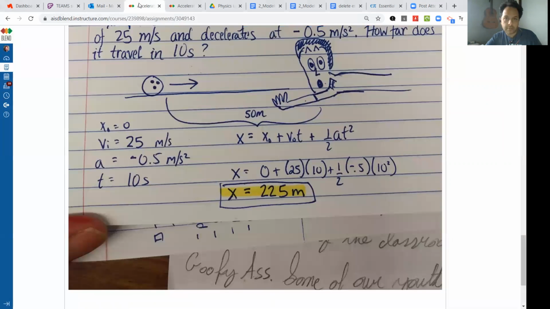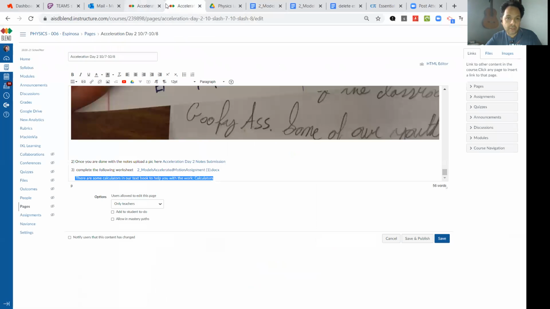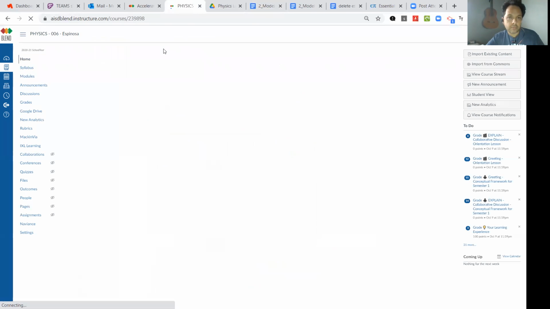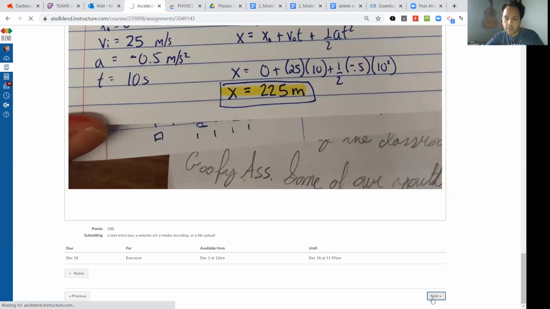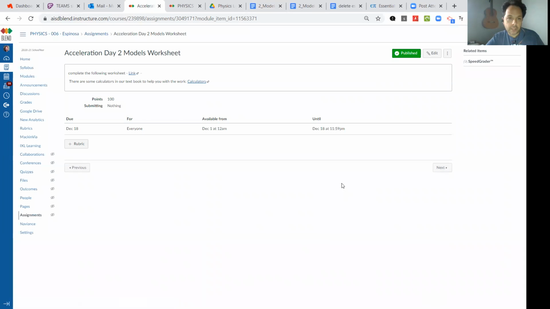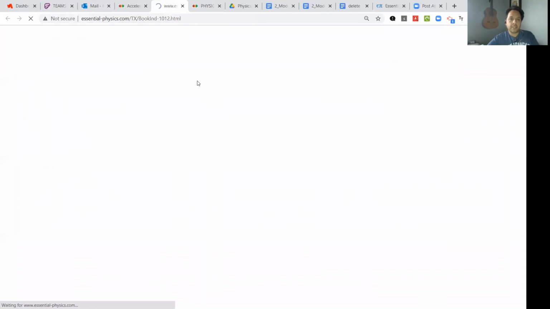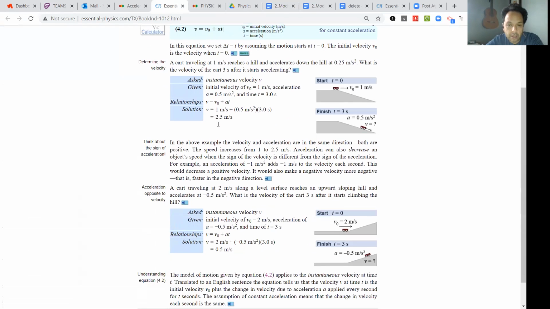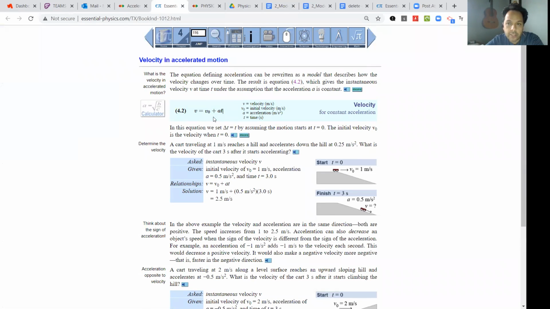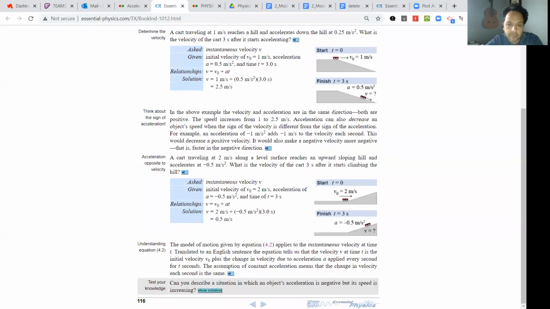Oh yeah, so there are some calculators that can help you in the book. Here are some calculators, one for each. This is the one for velocity.